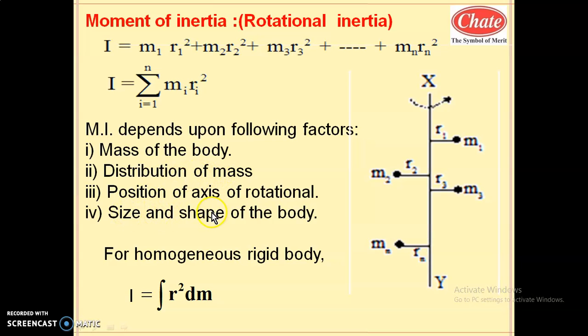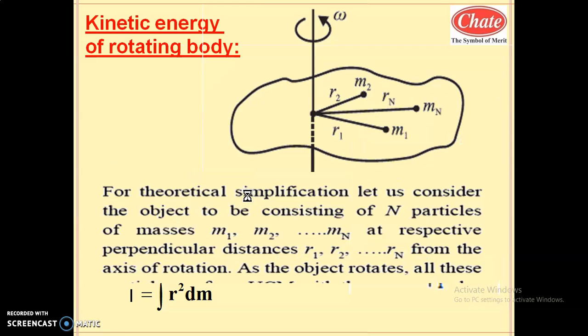So basically, moment of inertia is said to depend upon three factors: mass of the body, distribution of mass, and position of the axis of rotation, or we may include the fourth factor, that is size and shape of the body. For a homogeneous rigid body, the moment of inertia is calculated by integration of r square into dm. Dm is the elemental mass, situated at a distance r from the axis of rotation.